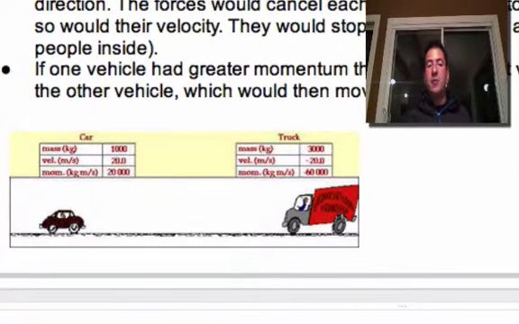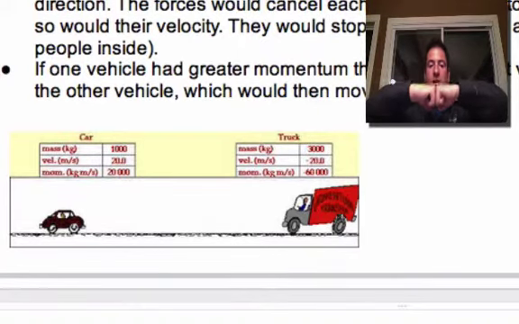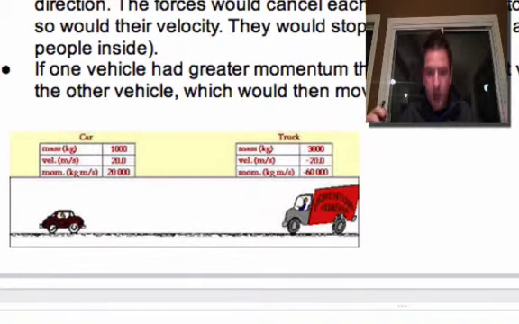That vehicle would add momentum to the one with less momentum and cause it to move backwards. If the two had the same momentum, boom, they just stop immediately, and everything inside would fly around. You'd probably hit the steering wheel.